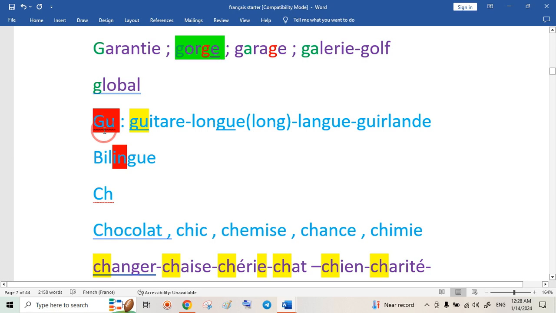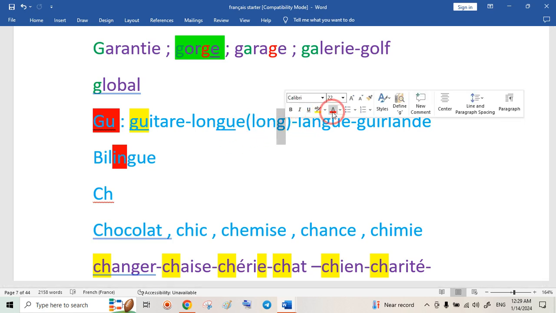When you have G and U, you can remember you had Q and U. When you had Q and U, this is pronounced K. So when you have G and U, this is pronounced hard G, like guitare, guitare. Long, long, or longue.